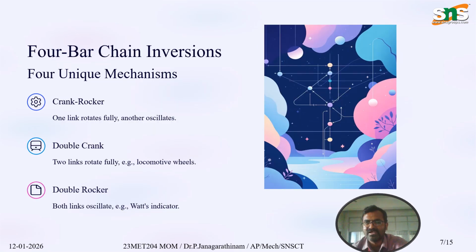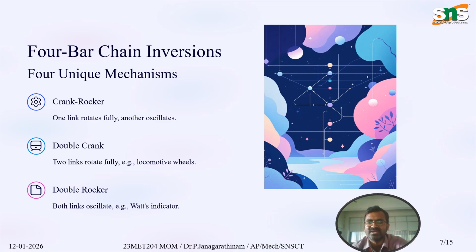The major inversions of the 4-bar chain mechanism: we already discussed that there are 4 links, namely crank, connecting rod, follower and base. With some modifications, we get new mechanisms like the crank rocker mechanism, double crank mechanism and double rocker mechanism.